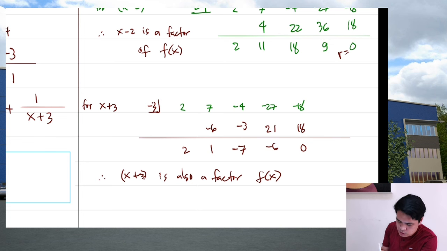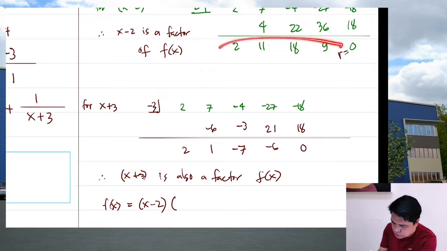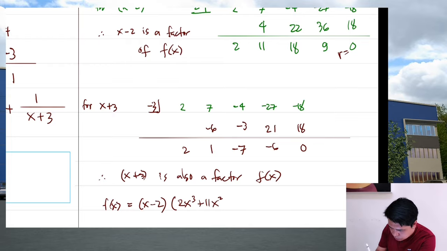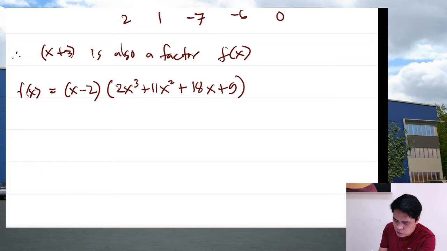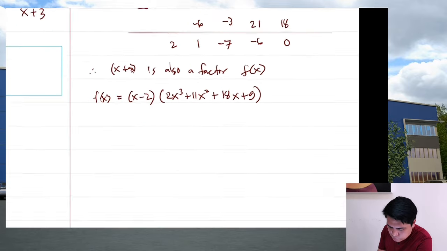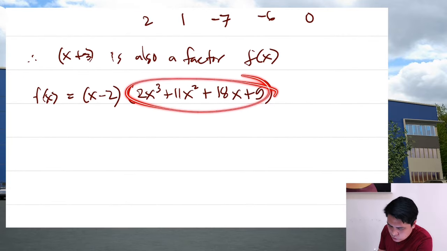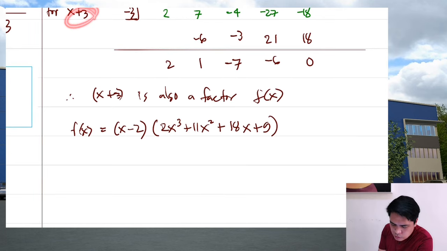Using this, the factor of f of x so far is x minus 2 times, using this value, since we started at x raised to 4, now x raised to 3: 2x cubed plus 11x squared plus 18x plus 9. And remember that x plus 3 is also a factor, so we can divide this by it and the result is 0.